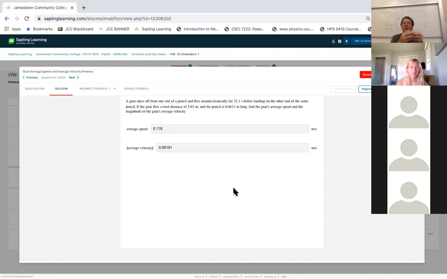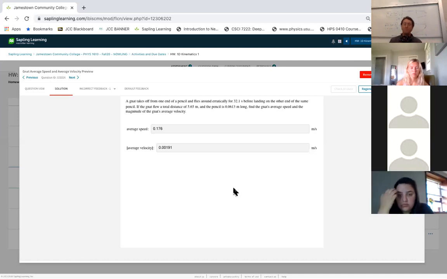So if the gnat was leaving a streak behind it, and you were to measure the length of the streak, and then it landed, the streak would have a length of 5.65 meters, and the pencil is 6 centimeters long, 0.0613 meters long. Find the gnat's average speed and the magnitude of the average velocity. So don't worry about minus signs, is what they're saying with that.